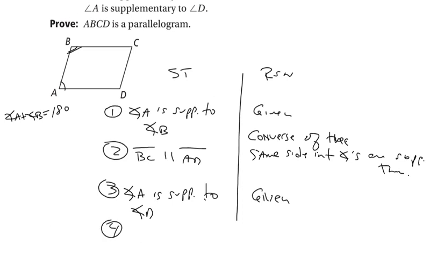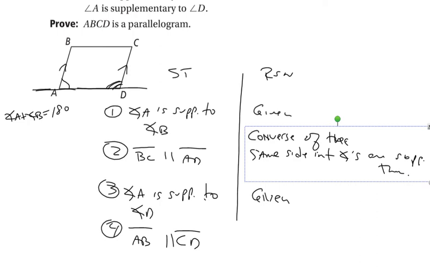If A is supplementary to D, then there's another pair of same side interior angles that are supplementary. Let me draw that nicely. There, one arc, two arcs. If that's true, that would mean that AB and CD are parallel.